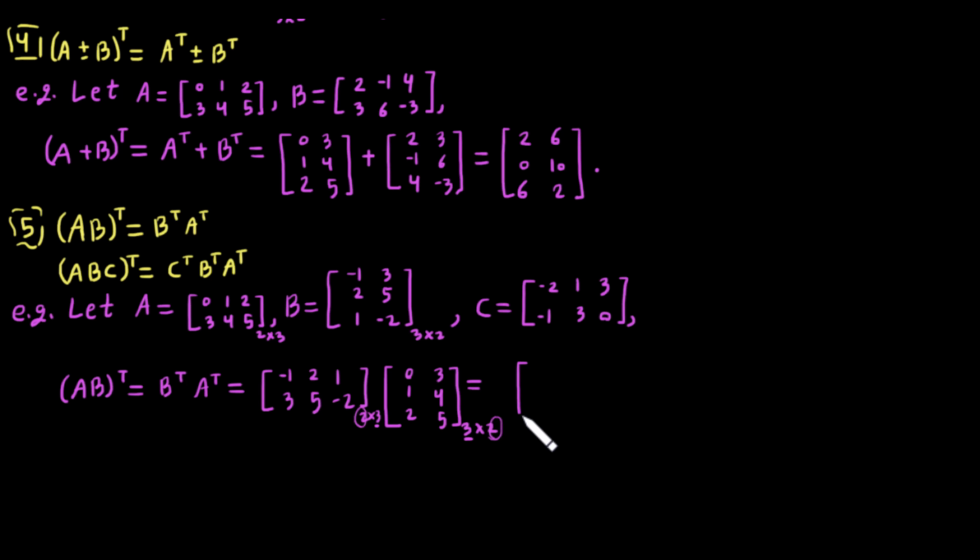To find the first element, you have to multiply the first row by the first column. So -1 multiplied by 0, which is 0, plus 2 multiplied by 1, which is 2, plus 1 multiplied by 2, which is 2. 0 plus 2 plus 2 equals 4. So here I have to write 4.